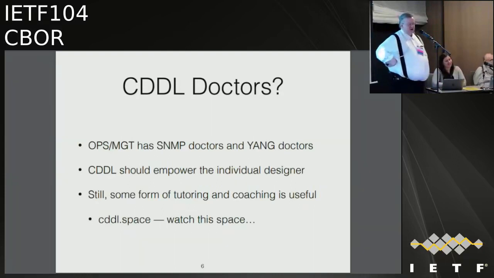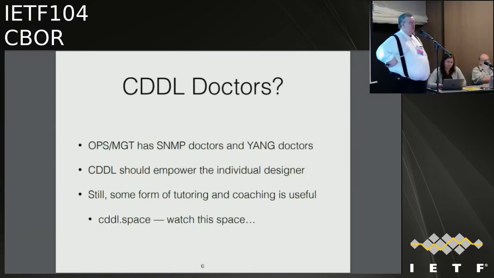But generally, the objective is to have CDDL be sufficiently accessible that you don't need a mediator, a priest that establishes your line to God, but you can actually do it yourself. So maybe we're making a point out of the fact that there are no CDDL doctors. But on the other hand, maybe some tutoring and coaching is useful.